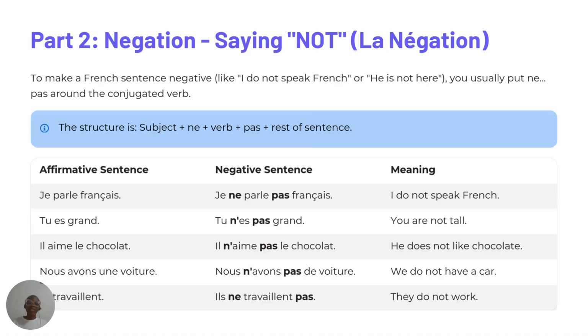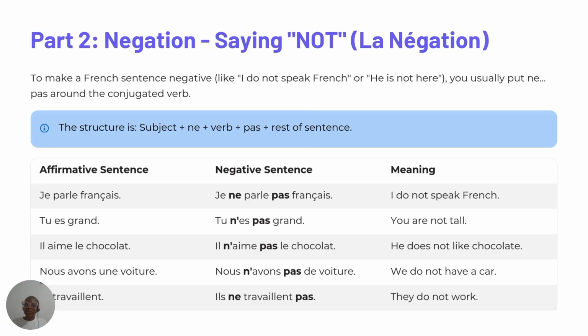So the affirmative sentence is je parle français. Je is the subject, parle is the verb, and français is the rest of the sentence. To now change it to negative, you will now have your je, then ne, then your verb parle inside, then the pas after it, then français, which is the rest of the sentence.